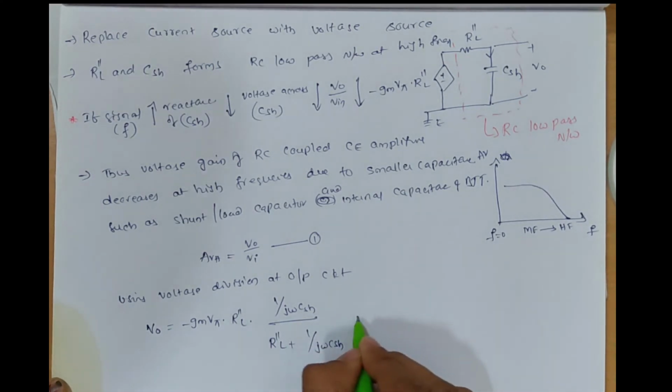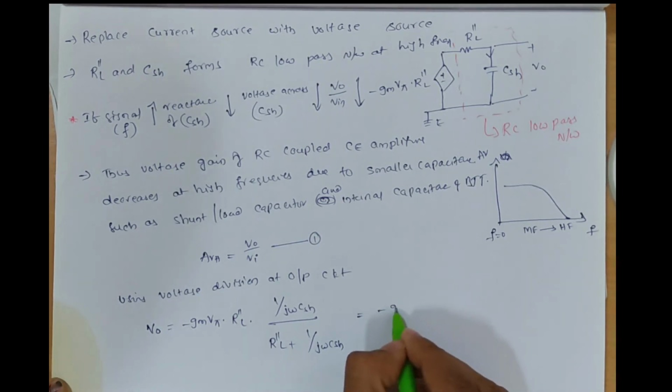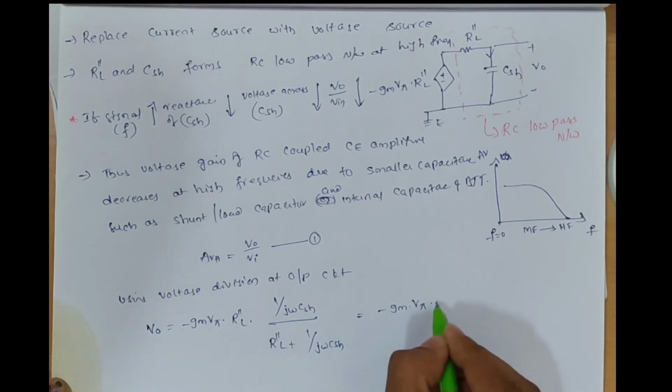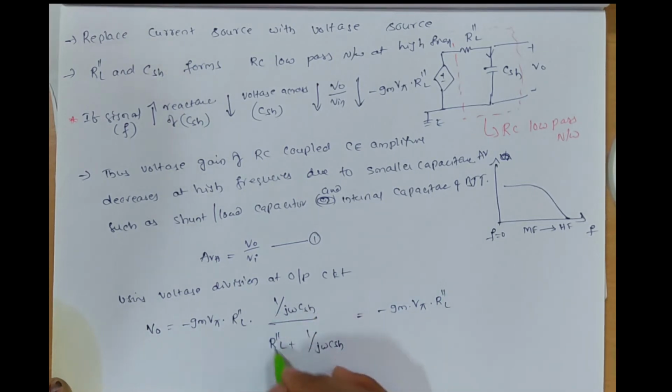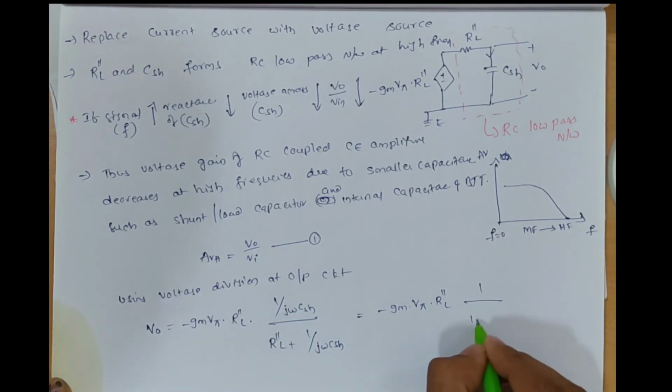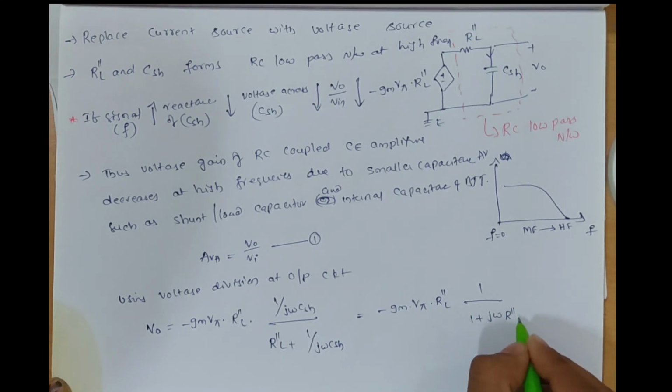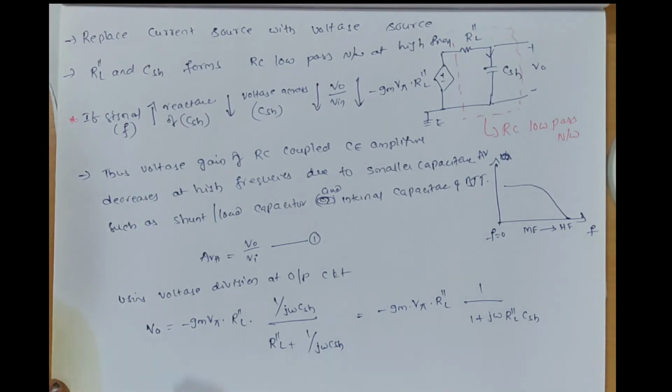From this we can write its equivalent like this, minus GM into V-pi into R double dash L, and this value can be written as 1 by 1 plus j omega R double dash L into CSH. Yes. So from this we can write voltage gain AVH is nothing but V0 by Vin, and Vin is nothing but V-pi.